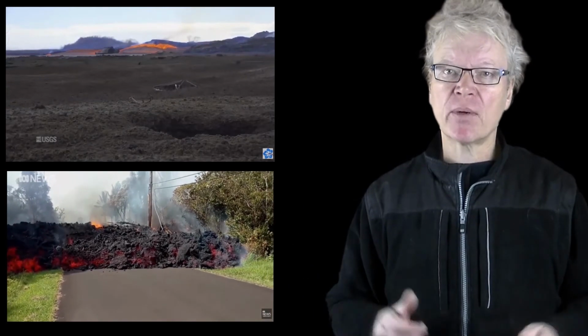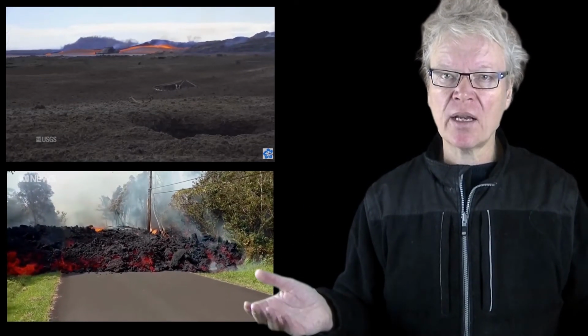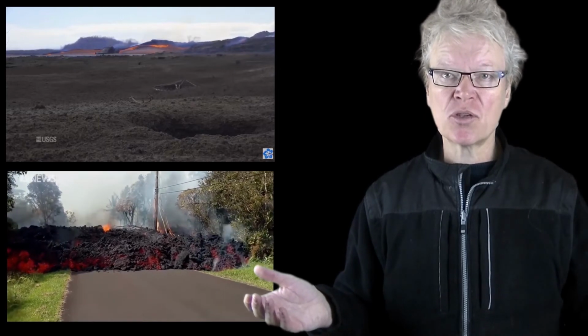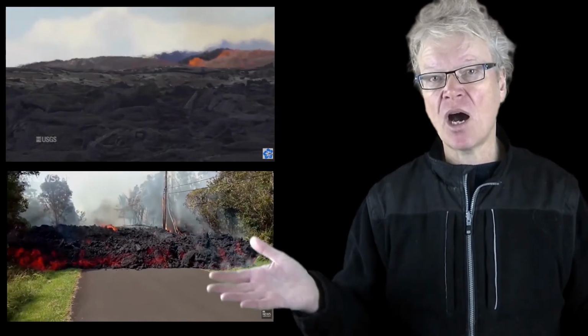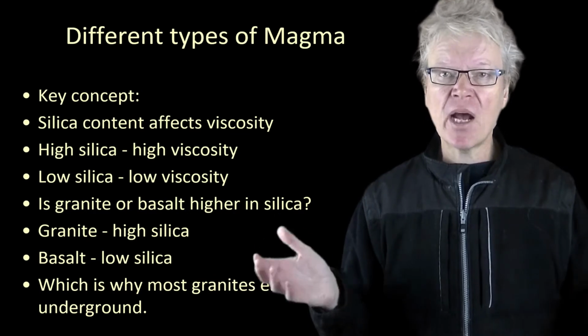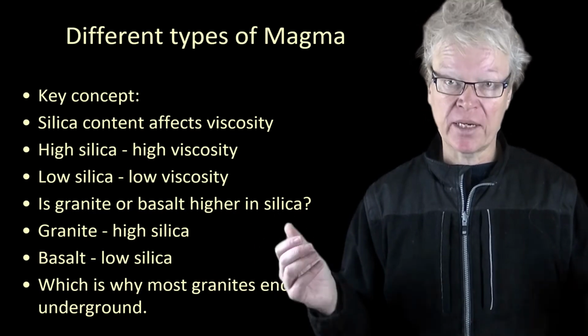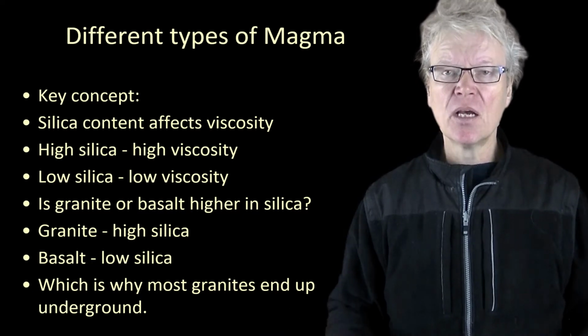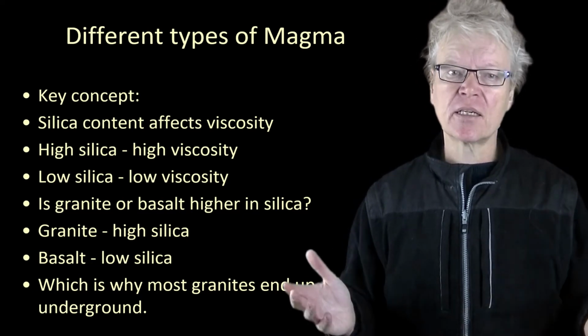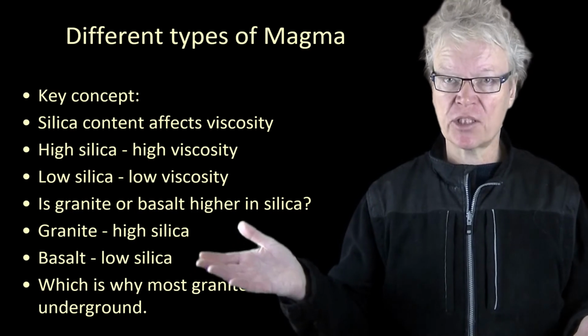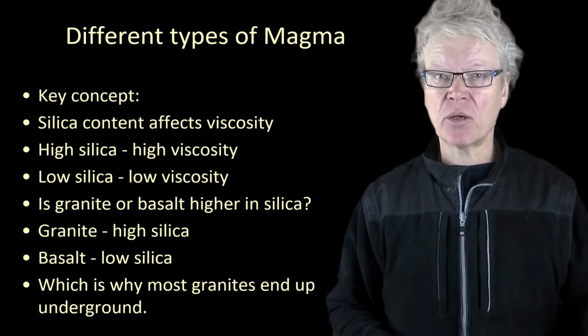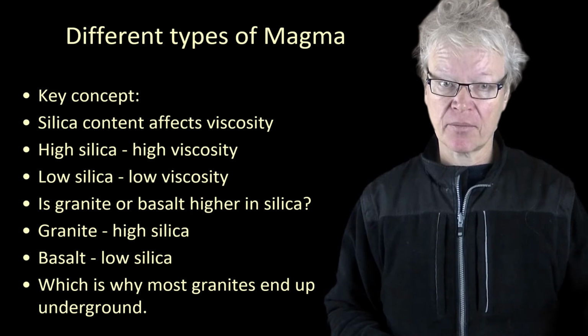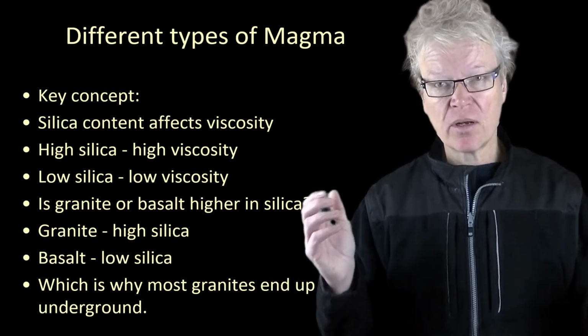The key difference between these two magmas is that one has low silica content and the other has high silica content. The amount of silica that's in a rock type or in a lava will control how viscous it is. So a high silica will result in high viscosity. Low silica will result in low viscosity. So granite, remember granite?